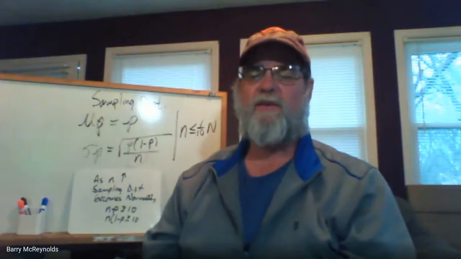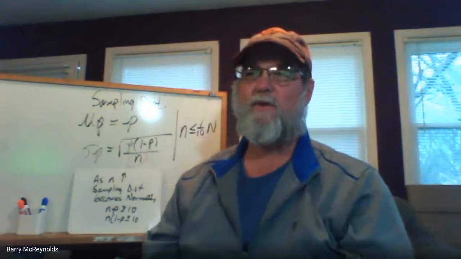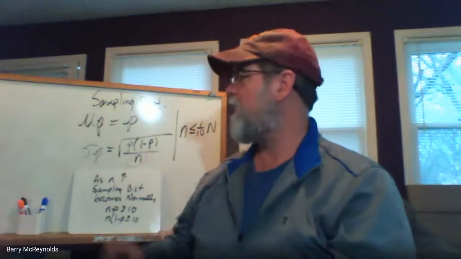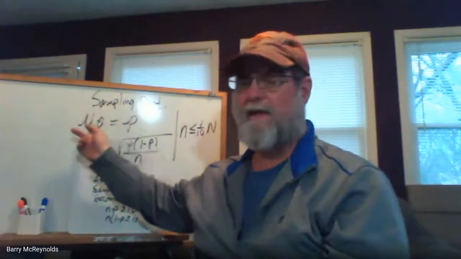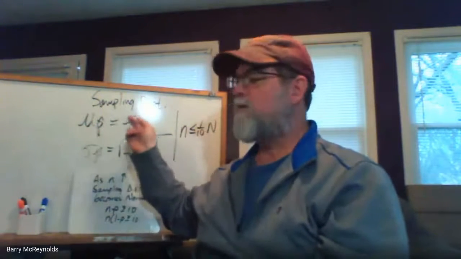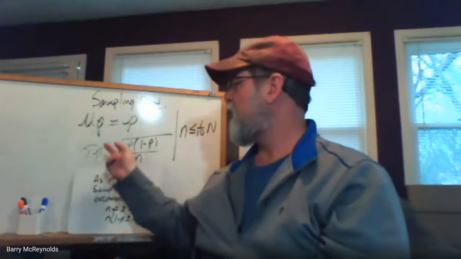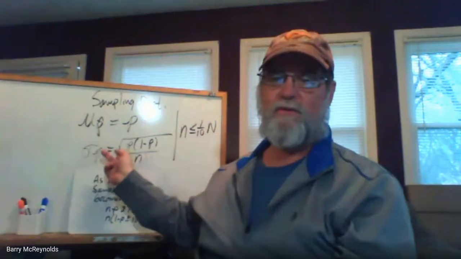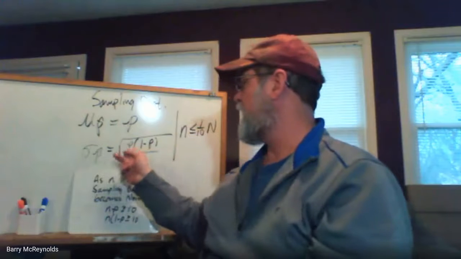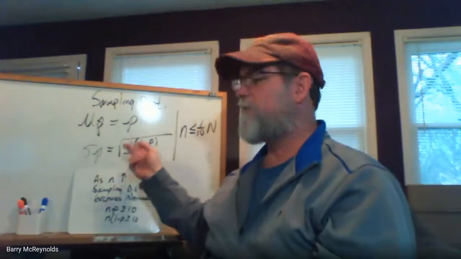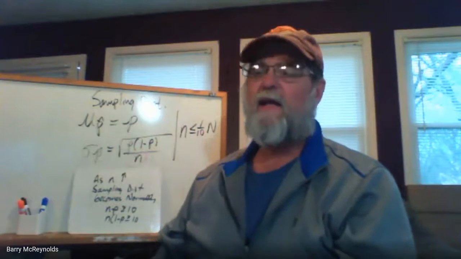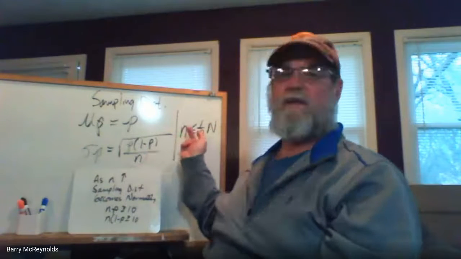When we have that sampling distribution, we talked about this in the video the other day, we can calculate the mean of p-hat, and it's equal to p. The standard deviation of p-hat is equal to the square root of p times 1 minus p over n if the 10% condition is met.